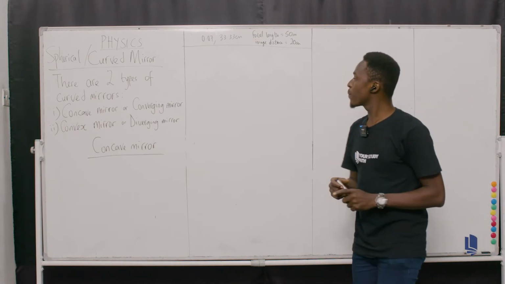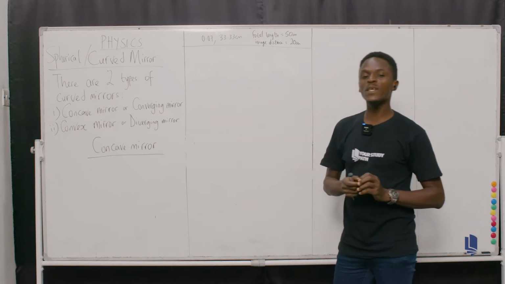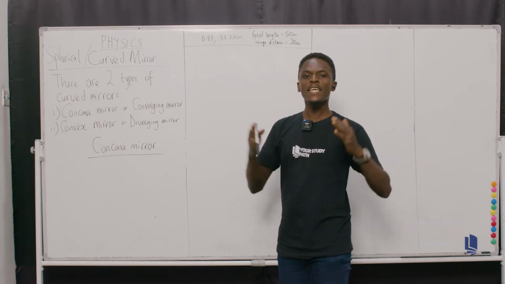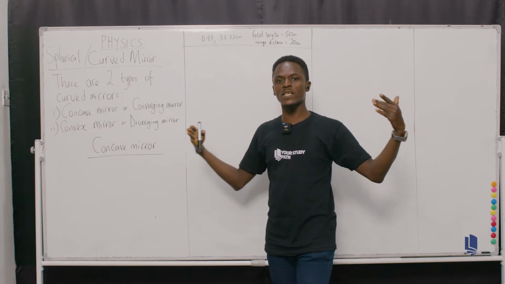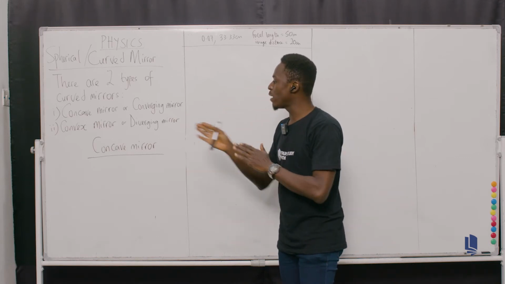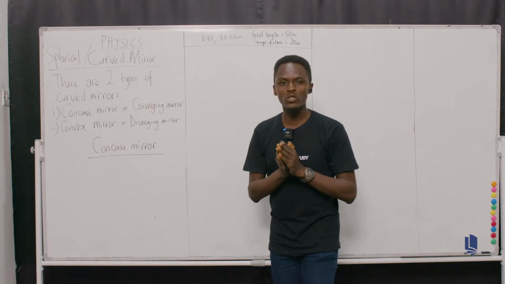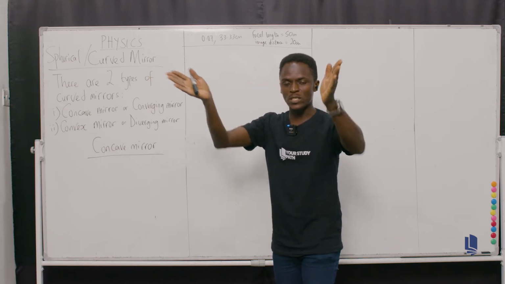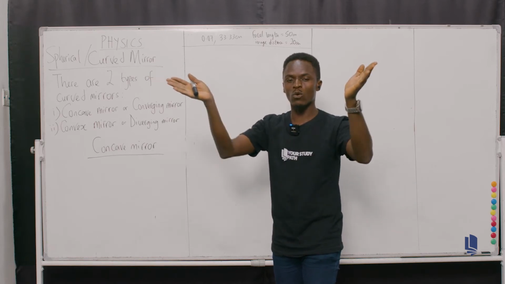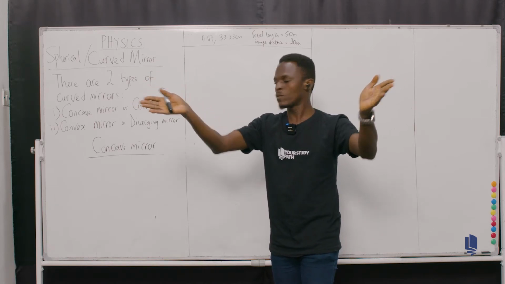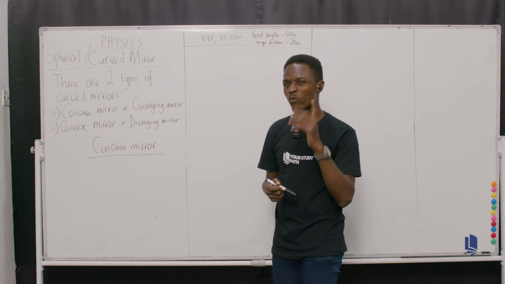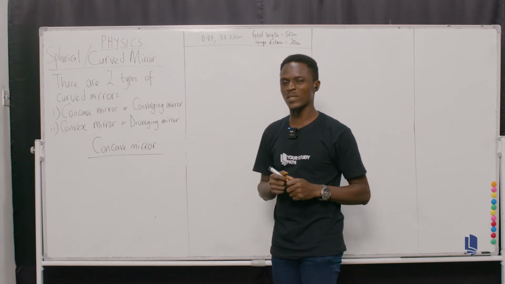We say that concave mirrors are mirrors that produce concentrated images. Diverging images tend to diverge along a given range. Now, that is not the major context of what we are driving at under this aspect.